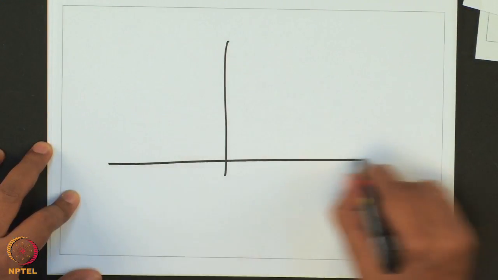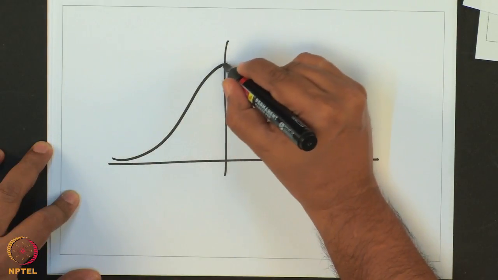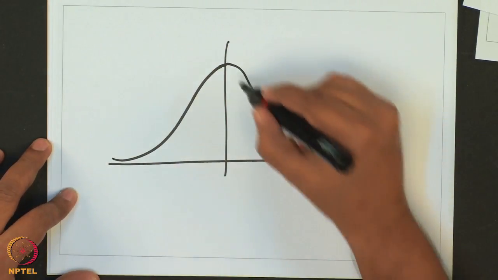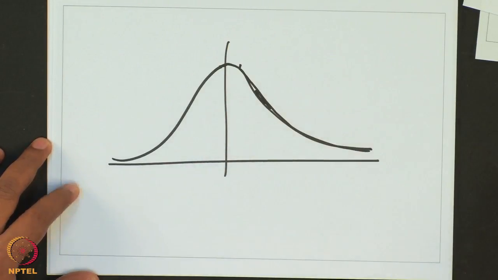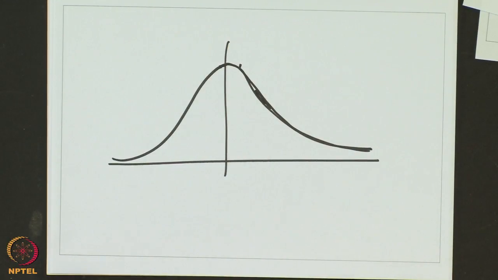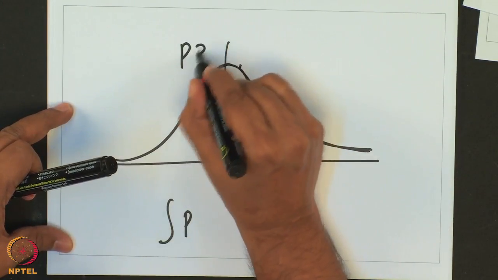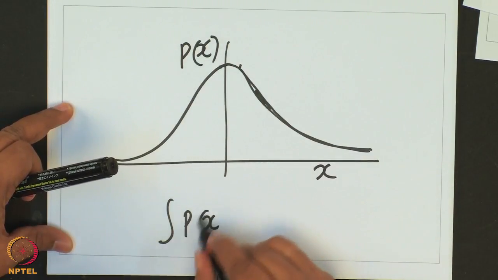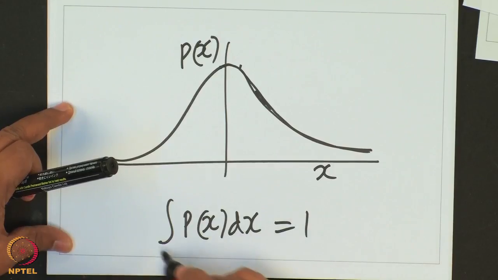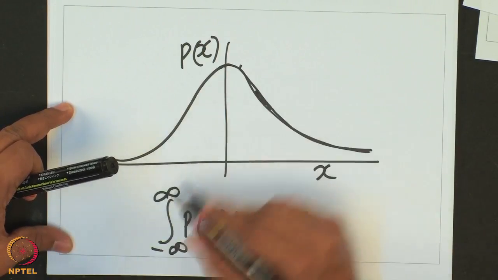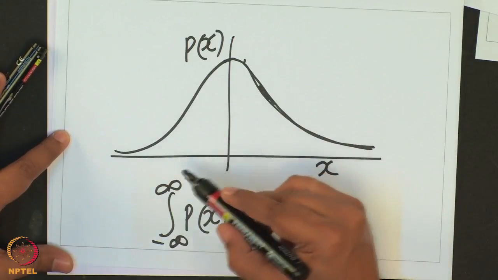So, let us plot the distribution first. Let us plot a normal distribution. I have a distribution which should be symmetric and nice. Now, if I take this integral of p of x dx, this is p of x versus x, and this integral being equal to 1 would mean that the whole area under this curve is 1.